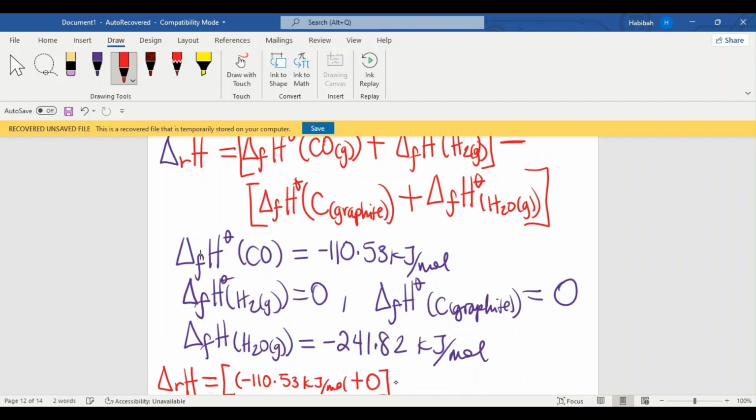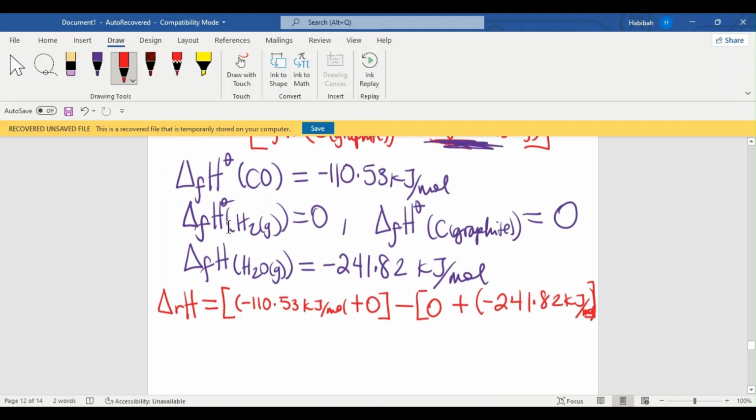Minus the change in enthalpy for carbon graphite, which is going to be 0. Plus, we're dealing with formation, we're on the last one now, the change in enthalpy of formation for H2O gas. So that's going to be plus negative. Let me use red pen so we're consistent. That's going to be negative 241.82 kilojoule per mole.